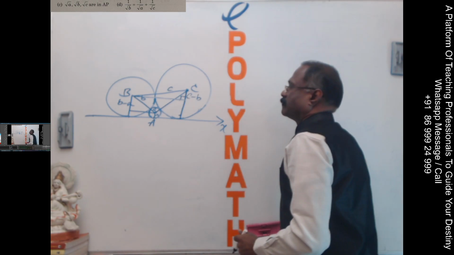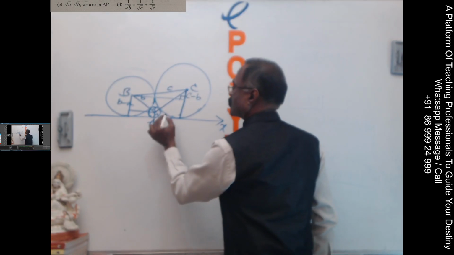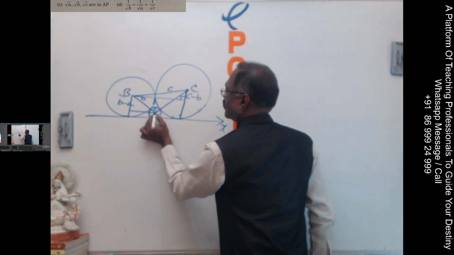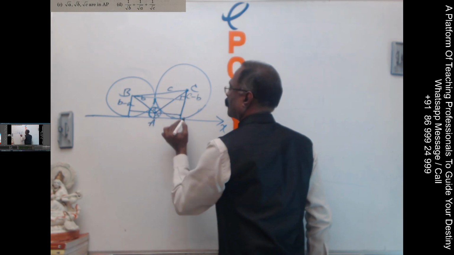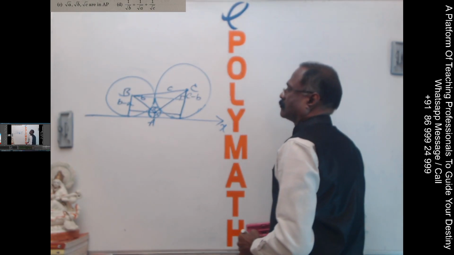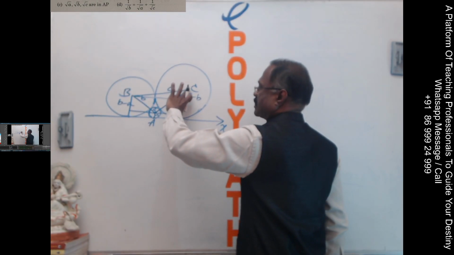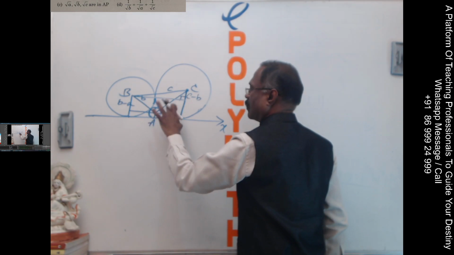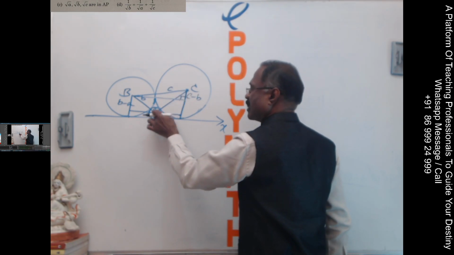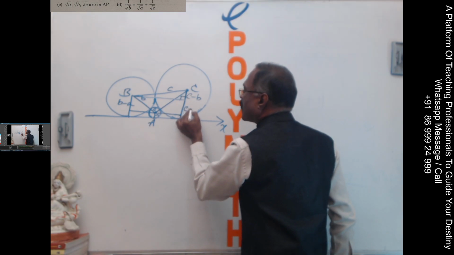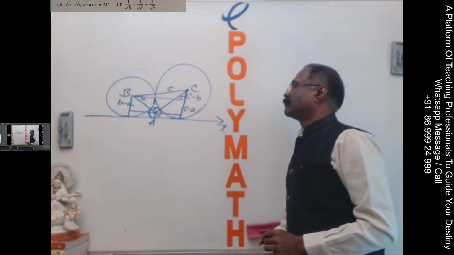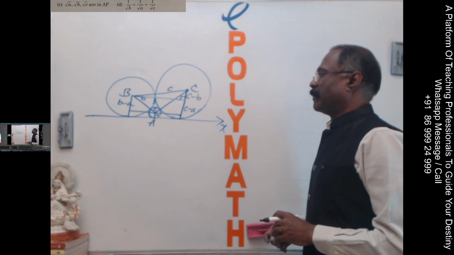C minus B. And similarly, if you extend this, this is totally C, this is A. Then this becomes C minus A. Then see that please.